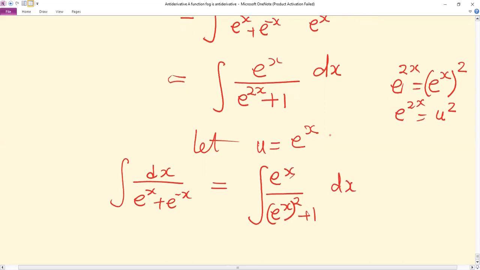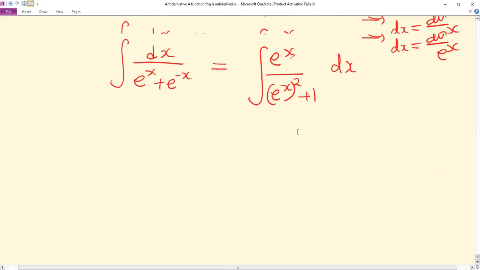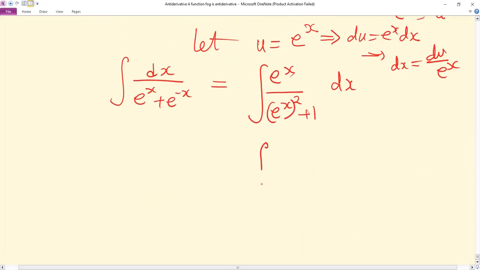And then this means du is e raised power x dx, which means dx is du over e raised power x. So what we'll do next, we'll write this one as integral e raised power x over, this is u squared plus 1, and then dx will be replaced by du over e raised power x.